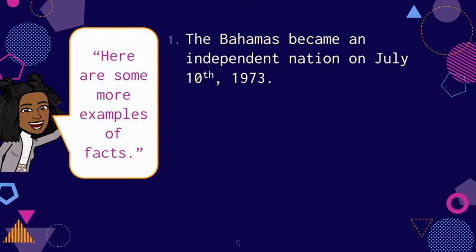The Bahamas became an independent nation on July 10, 1973. If you said that this is an historical event or that it includes a date that we can verify, you are absolutely correct. Go to the head of the class, my student.